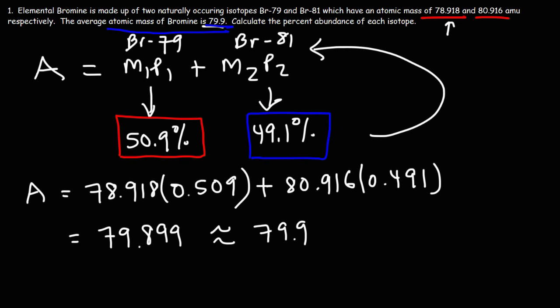So this tells us that the answers that we have are indeed correct. So this is the percent abundance of bromine 79, and that is the percent abundance of bromine 81. So that's basically it for this video. Now you know how to find the percent abundance of an element that consists of mostly two isotopes.